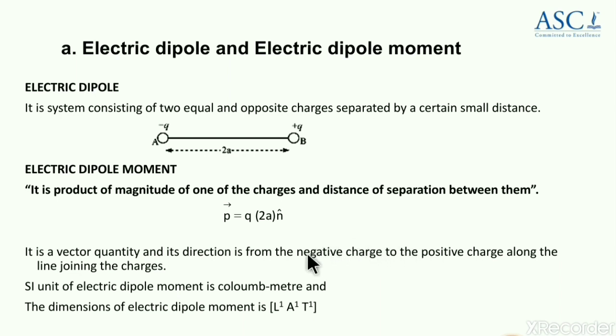So electric field lines originate from positive and end at negative charges, but this is opposite of electric field direction. That is, it starts from negative charge to end at positive charge. This is also one of the important topics in chemistry, but here if you remember like this, it is more than enough. So what is the direction of electric dipole moment? It is from negative to positive.